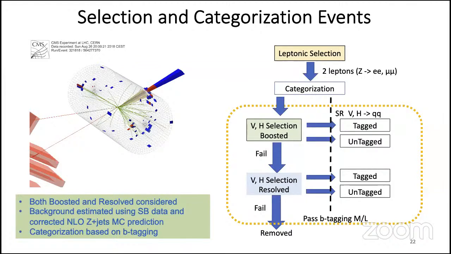If not, we group the boosted and resolved. And then we separate it into different regions, sidebands and signal regions, depending on the decay. And we categorize these signal region or sideband events into tagged or untagged.